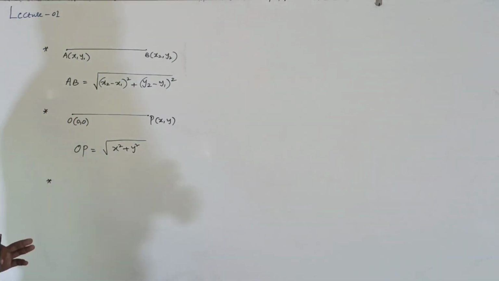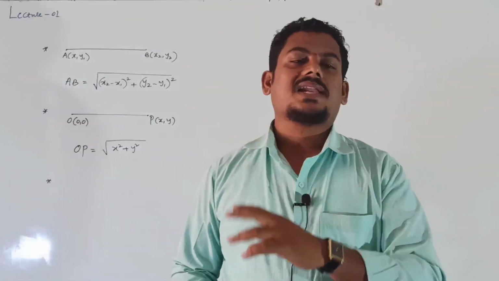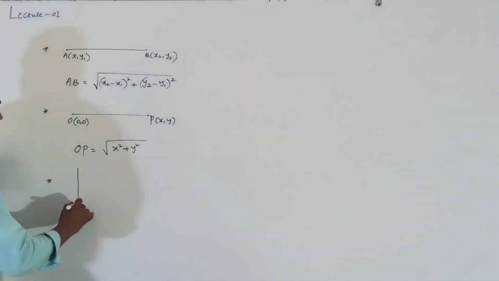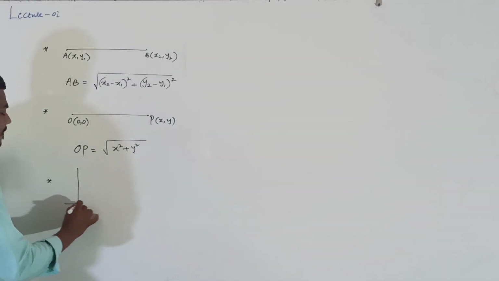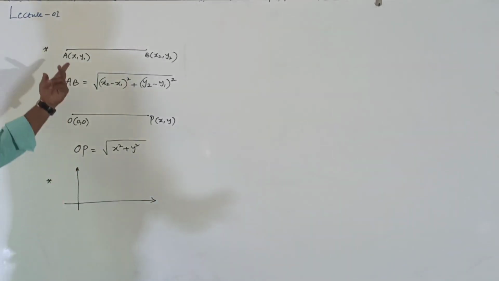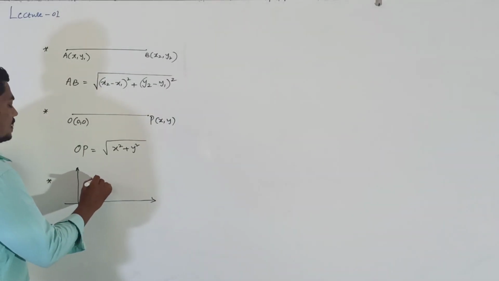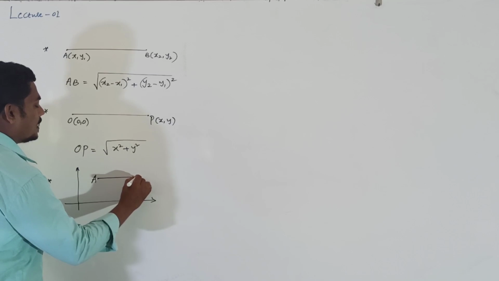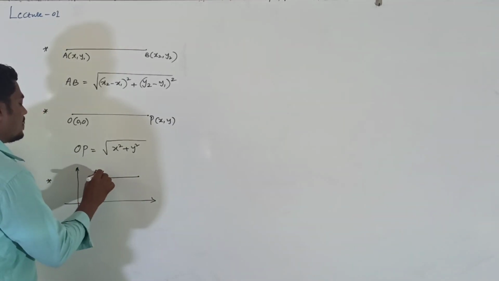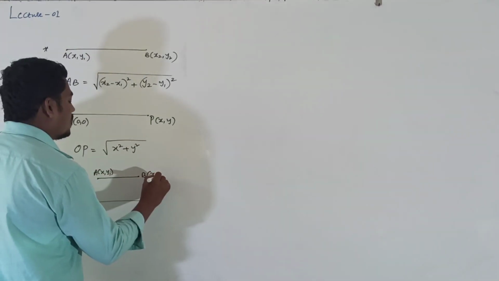distance between A and B when AB line is parallel to x axis. Just consider 2D plane, right? A coordinates x1 comma y1, B coordinates x2 comma y2.